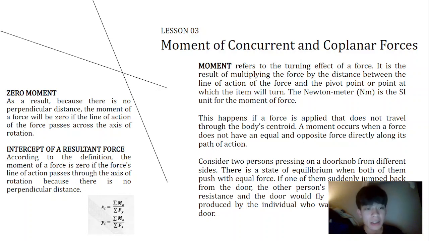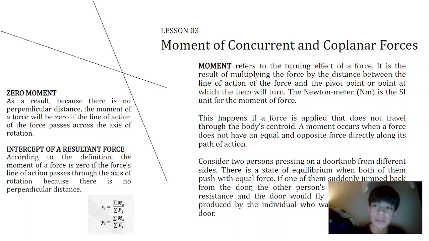Pero pag may isa sa kanila na umiwas sa pinto, yung push nung isa naman sa kanila ay magkakaroon ng walang resistance. At syempre, ang mangyayari doon, yung door, magtutuloy-tuloy yan. So, yun yung tinatawag na moment, yung individual na nag-push ng door.